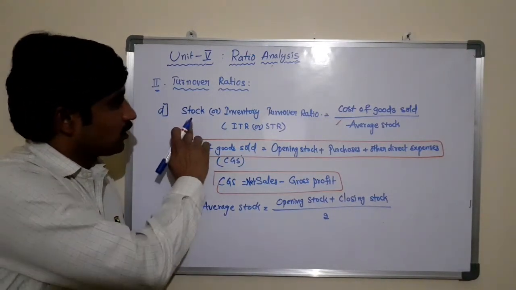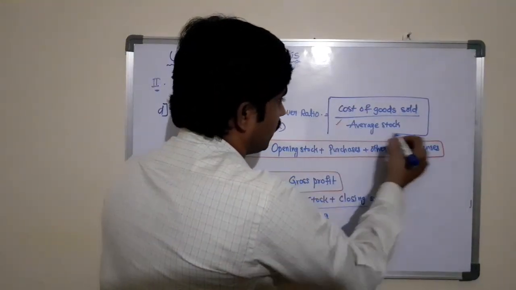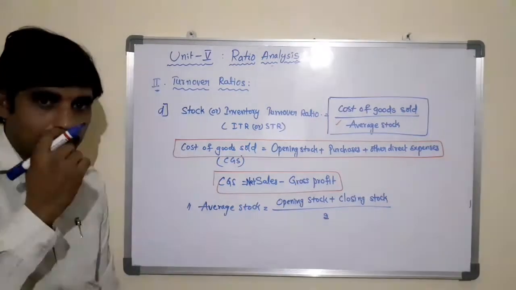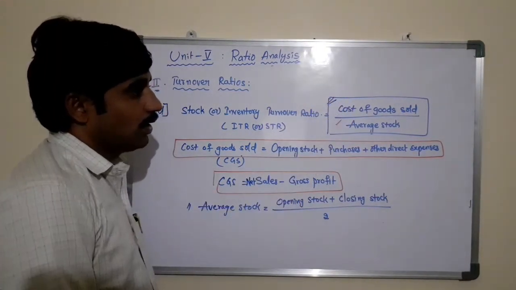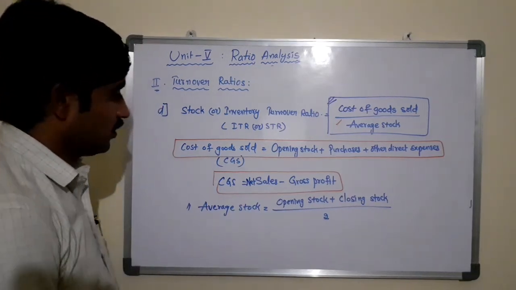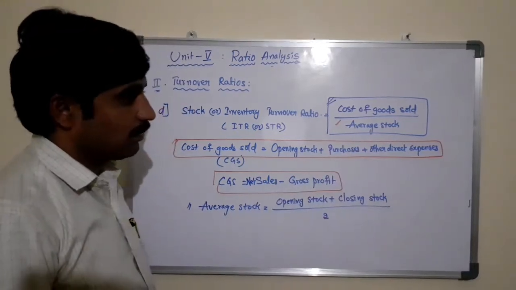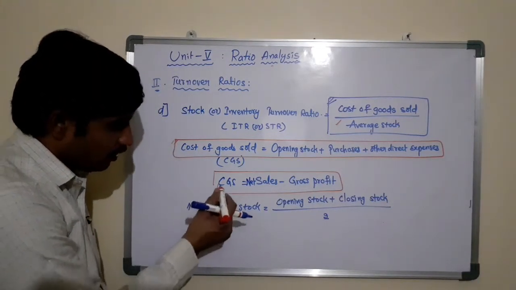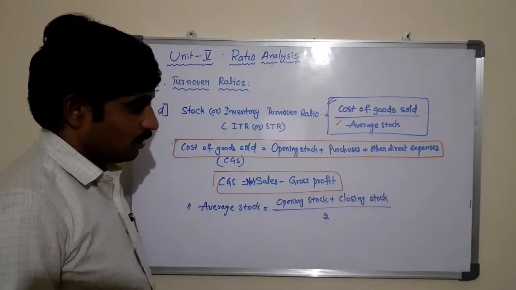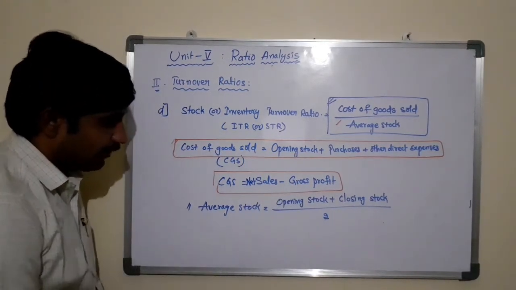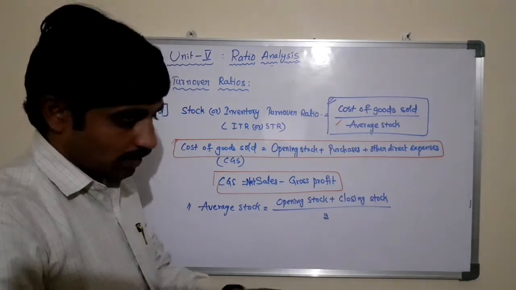So stock turnover ratio can be defined as the ratio between cost of goods sold to average stock, where cost of goods sold equals opening stock plus purchases plus other direct expenses, or net sales minus gross profit, and average stock equals opening stock plus closing stock by 2.